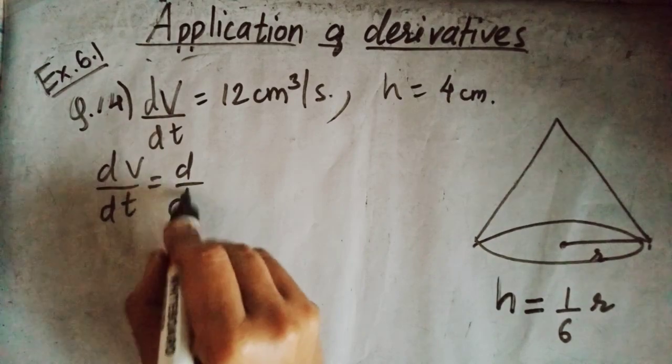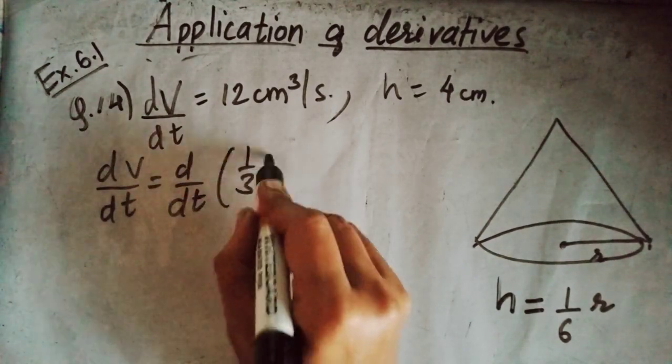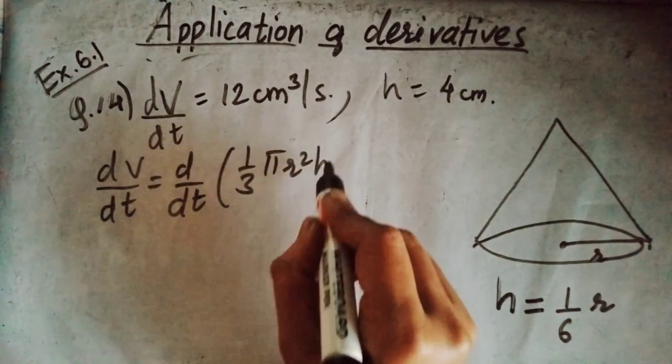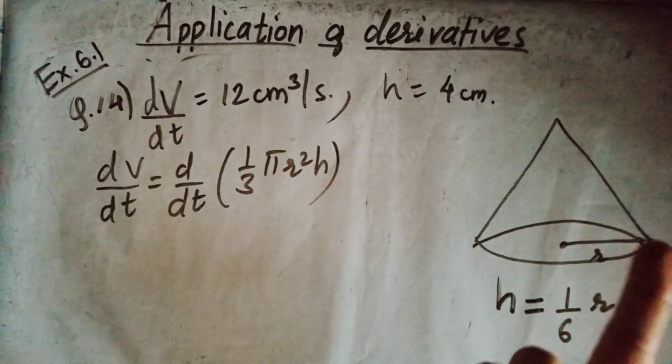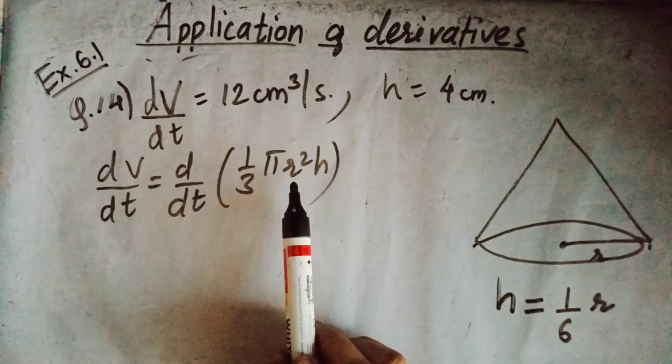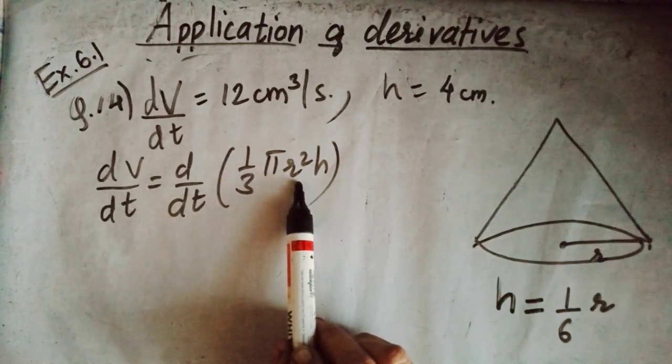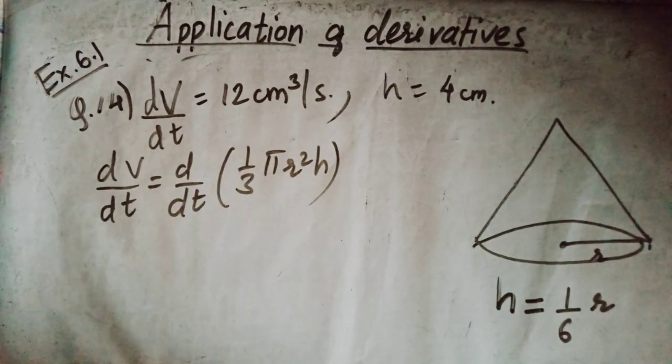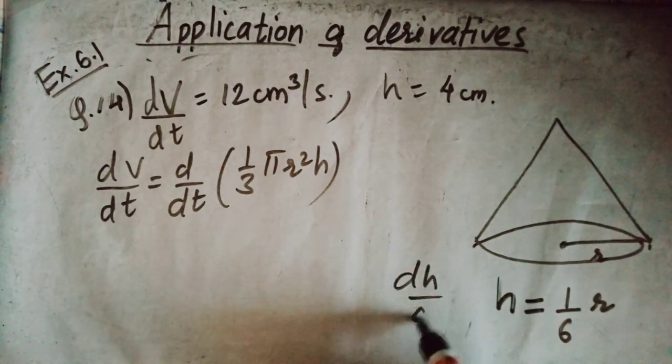Volume of the cone is 1/3 pi r square h, that is 1/3 of the cylinder, right? Now you have to substitute here. This r we don't want, because we have to find how fast the height is changing. So you have to find dh by dt.